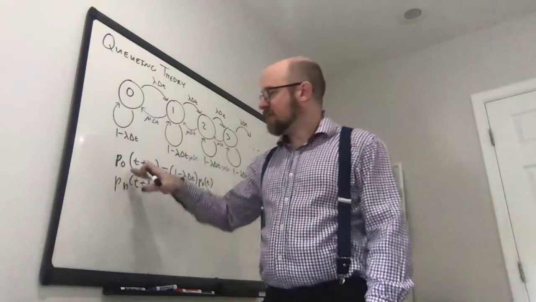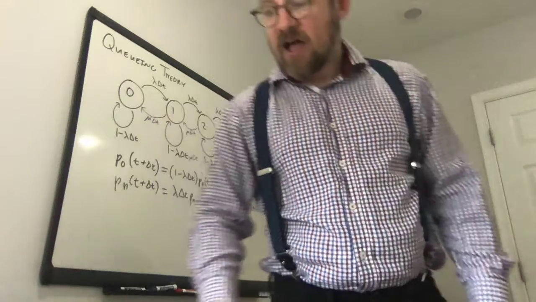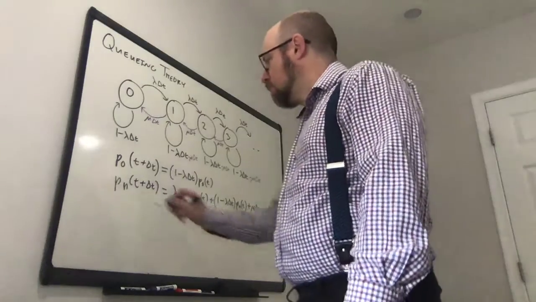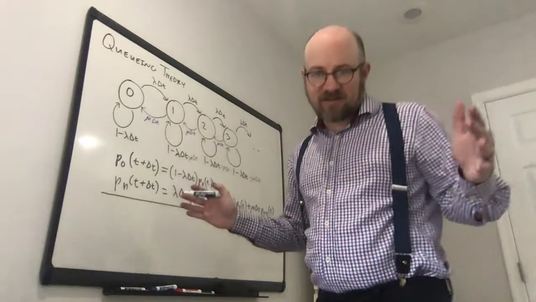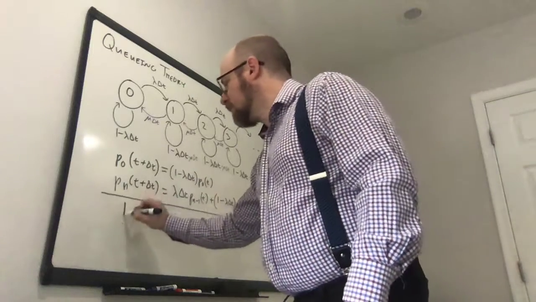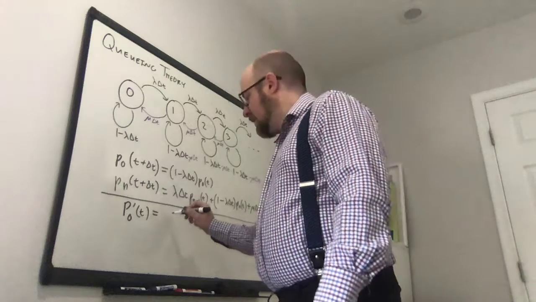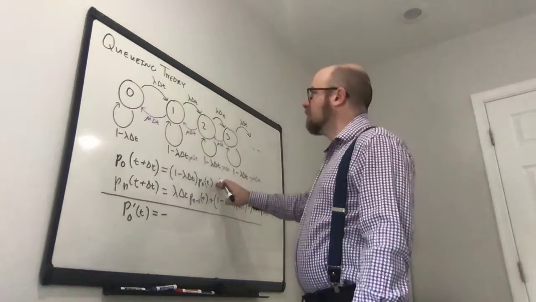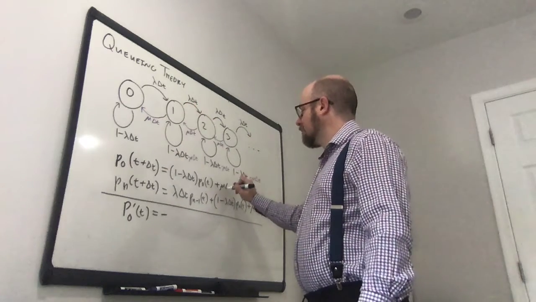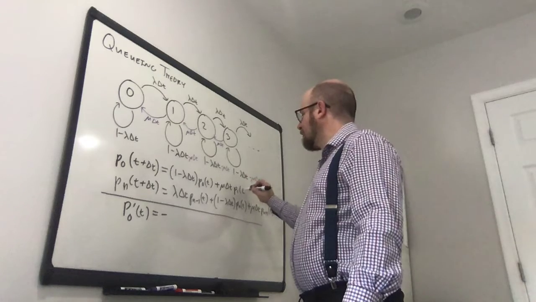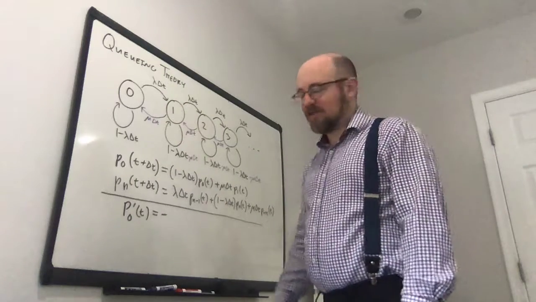Okay? So for P0, we get this equation. For Pn, we get this one. We can take those and solve for differential equations, kind of like what we did before. So taking those discrete equations, taking the limit as delta t goes to 0, we can get P0 prime of t equals, just like before, negative, I left a term off here. Coming from 1, we have mu delta t P1 of t for P0, right? Because if somebody's in the line and they leave, we go back to 0.